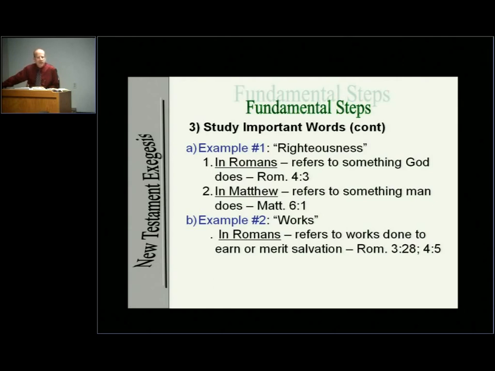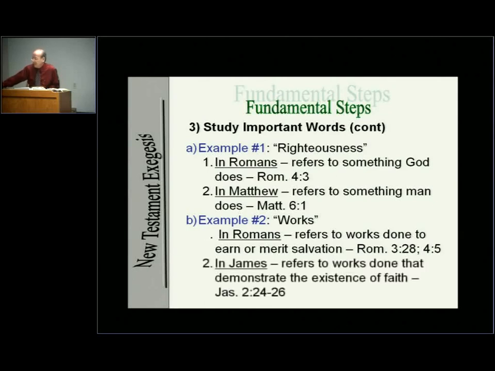So Paul is doing something special with this word and using it to describe a person, like the Jews of old, who felt their ticket to eternity was by law keeping. Well, that's what Paul means by works in the book of Romans. But in James, it refers to works done that demonstrate the existence of faith.